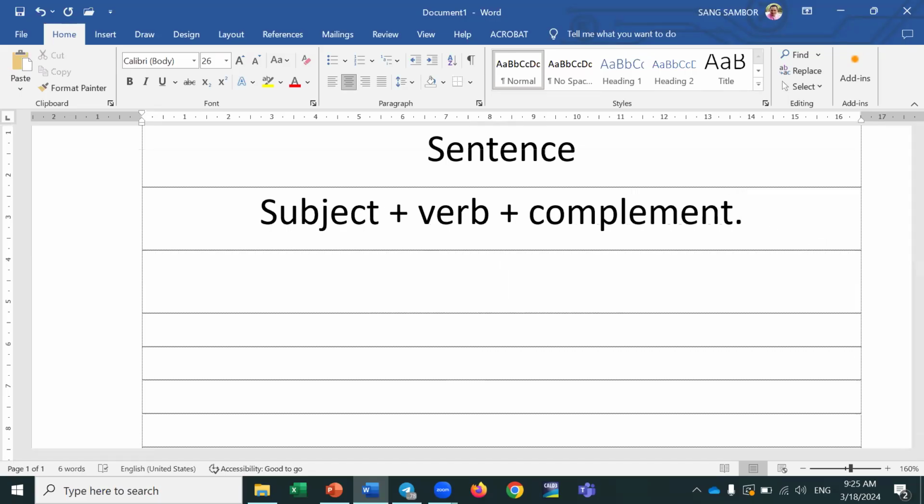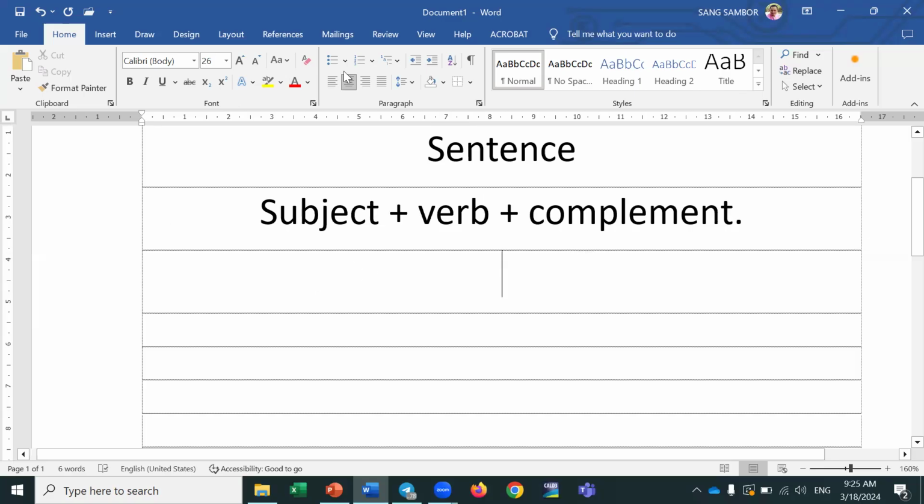But in doing the syntactic structure, we can start now doing more analysis of the forms of the important elements forming a sentence in English.